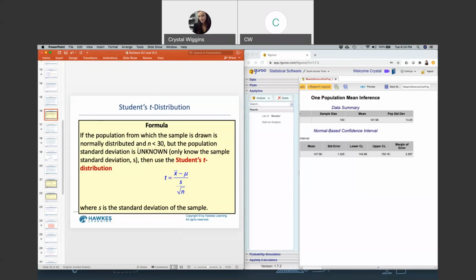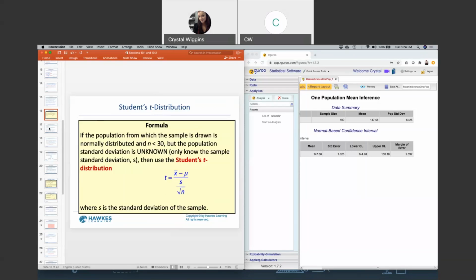But let me give you a little insight on why this t-distribution needs to be used when we have unreliable sample sizes. Again, it really only works if you have a normally distributed population, and we don't have the very accurate population standard deviation. We only have the inaccurate, from a small sample size, sample standard deviation.